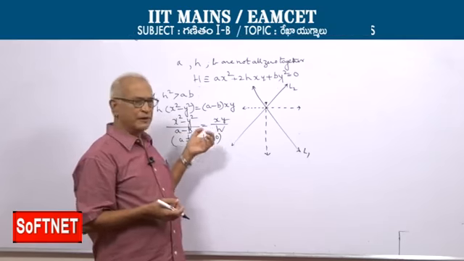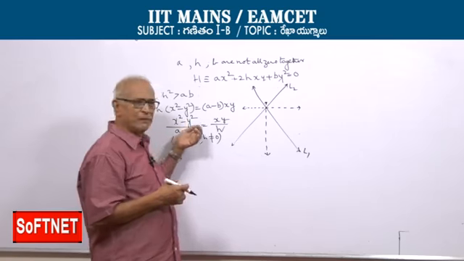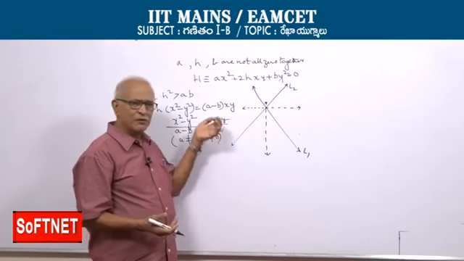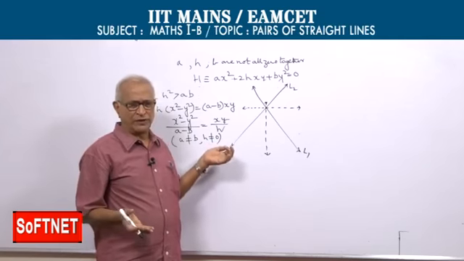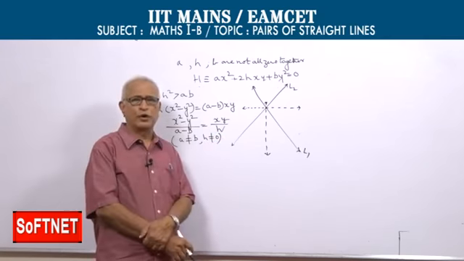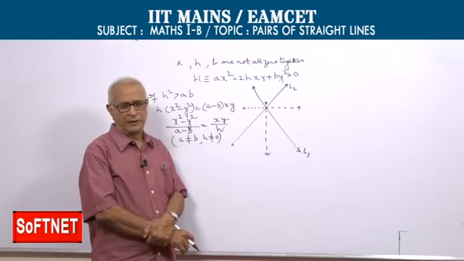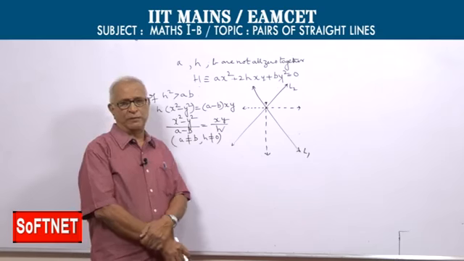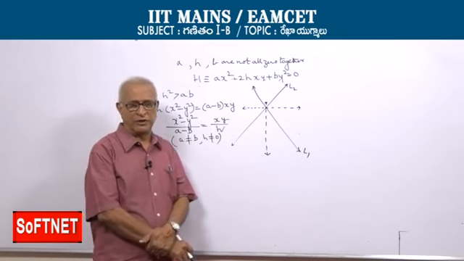This is the advantage because x square minus y square by a minus b is easy to remember, coefficient of x square minus coefficient of y square equal to xy by exactly not the coefficient of xy but half the coefficient of xy. So, that is more convenient for the students to remember this equation of the pair of bisectors in this latter form. But the correct form, which can be applicable to all situations, is h into x square minus y square equal to a minus b into xy.